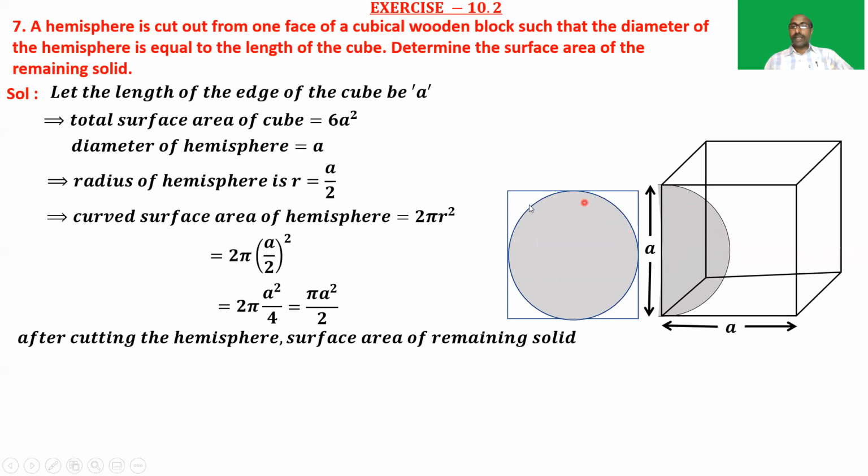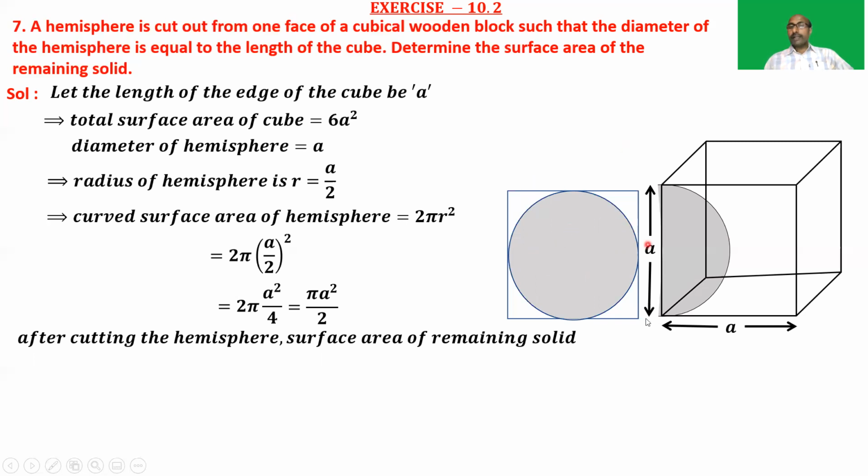That is, the white part remains the same and this gray part is carved out and it looks like a hemisphere. So the curved surface area of this hemisphere is 2πr².